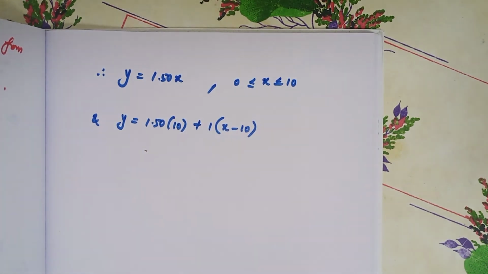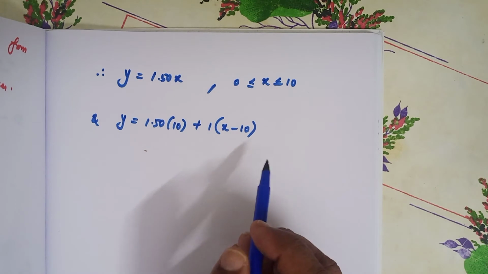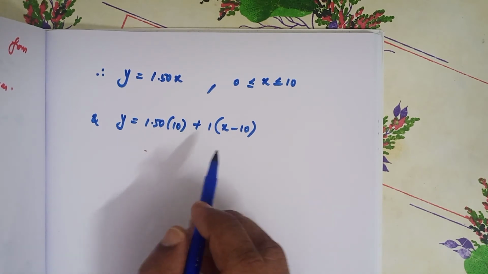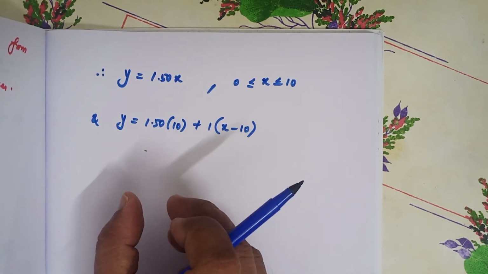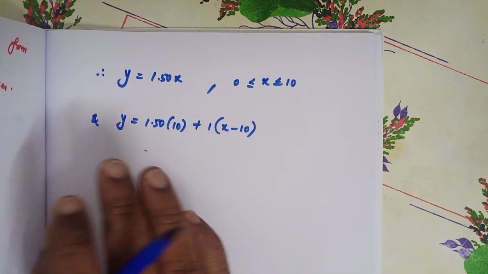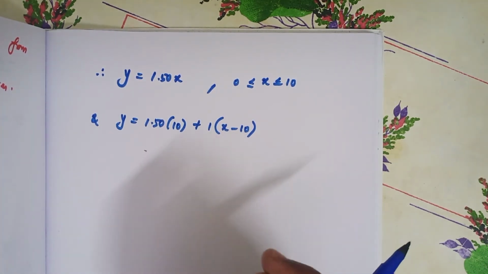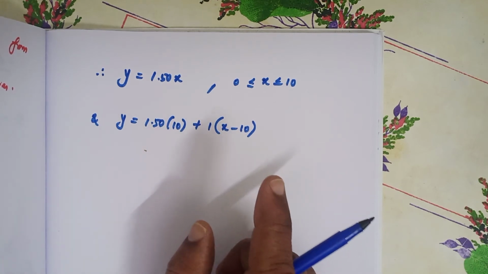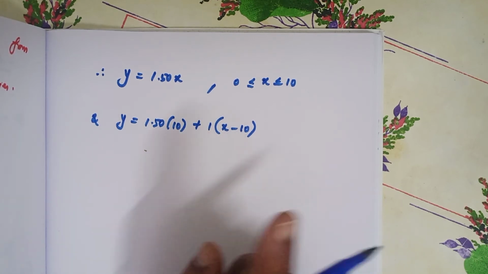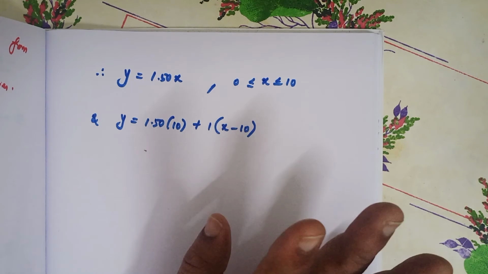For example, I take 11 copies of Xerox photocopies. What will be the cost? First 10 copies cost 10 into 1.5, 15 rupees. For the 11th copy, only 1 rupee, correct? After 10th copy, they charge only 1 rupee. So 15 plus 1, that is equal to 16 rupees.